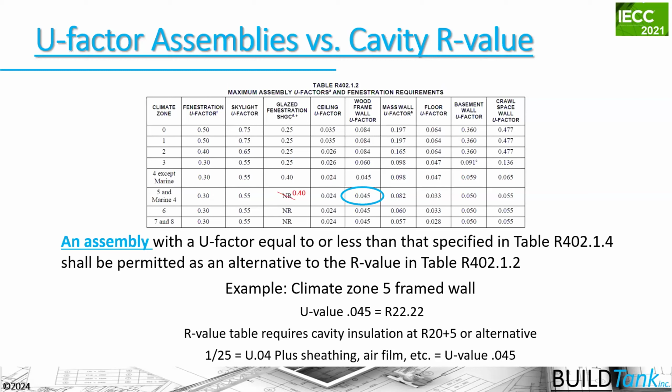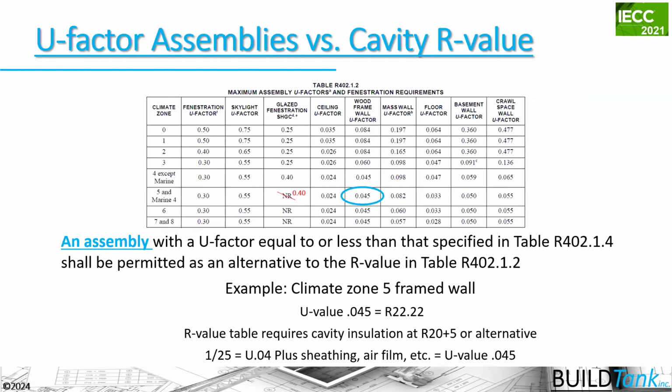So that's what constitutes that 0.005 difference between the U factor table and the R value table. It's a little complicated, but I just wanted to give you an idea that the U factor table and the R value table are really doing the same thing.